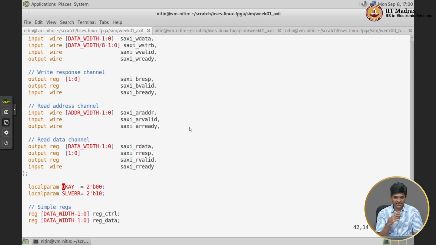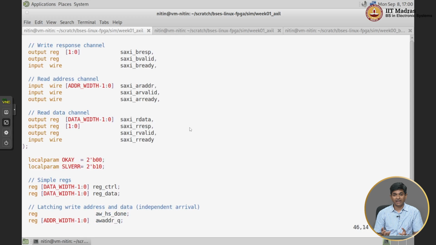In the AXI protocol, returning a 2-bit response of 00 is considered OK, and returning 10 instead is considered an error somewhere. Either the slave was not ready to respond, or it couldn't understand what you asked for, or you were expecting something and the slave couldn't perform that computation. Any one of those combinations could happen. What we do is use parameters so that it's cleaner, and we are not directly hard coding data into the remaining parts of the code.